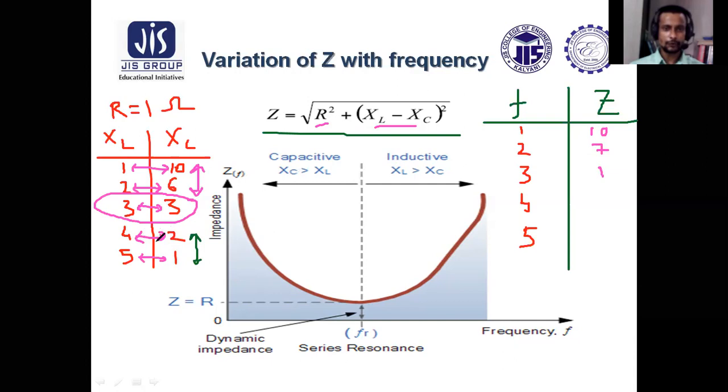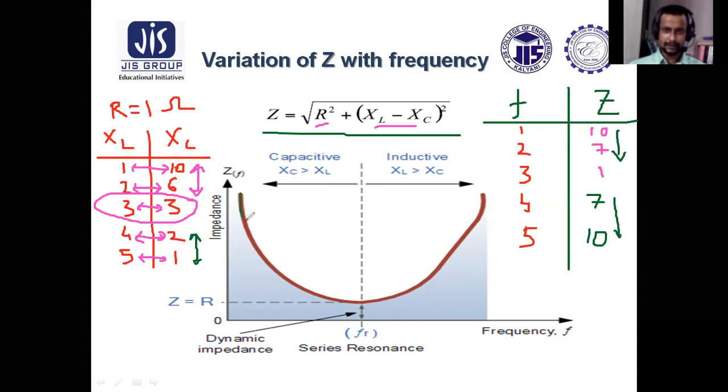So 2 to 4, it is increasing. Say this is 5. This again becomes 7. So what is happening here? Initially, till resonance, impedance is decreasing. Then after resonance, impedance is increasing.